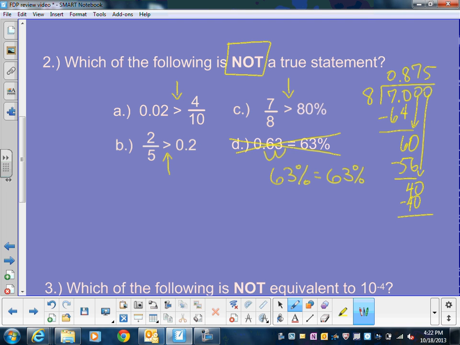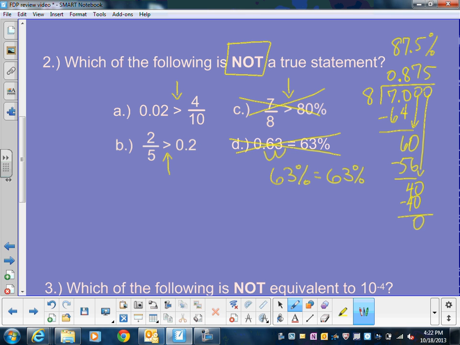Now, the statement here is that 7/8 is going to be greater than 80%. So we need to convert our decimal to a percent. Move the decimal spot 2 places to the right, giving us 87.5%. 87.5% is greater than 80%, and thus this statement is true, meaning it's an incorrect answer choice for this question.